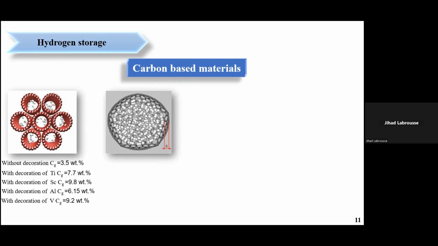Another material, fullerene, is also considered a good material because it can achieve a gravimetric capacity without decoration of up to 7.7% by weight, and with decoration of some metals, it can achieve a gravimetric capacity up to 9% by weight with a desorption temperature up to 773 Kelvin.